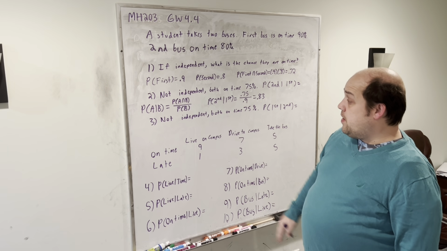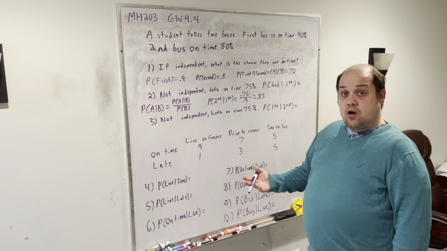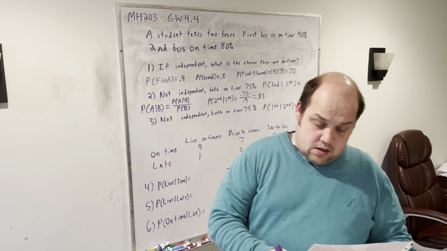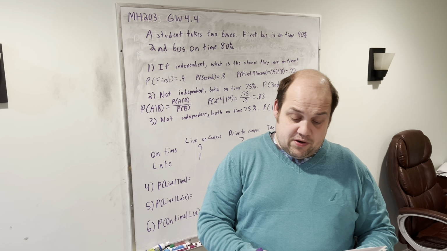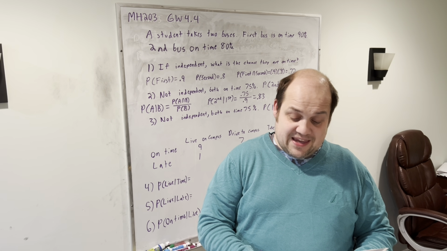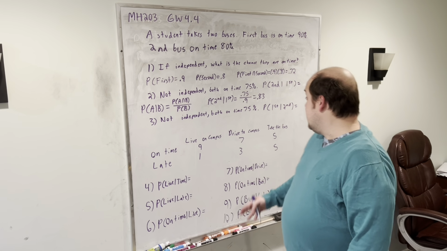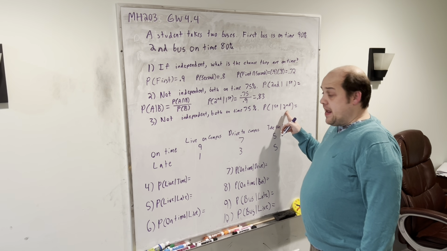In problem 3, we have the same general idea. We're told what both of them are, but then we're asked instead, what is the conditional probability that the first bus is on time given that the second bus was on time? So in this case, after the given line, I put second bus because that's the one we know already happened.